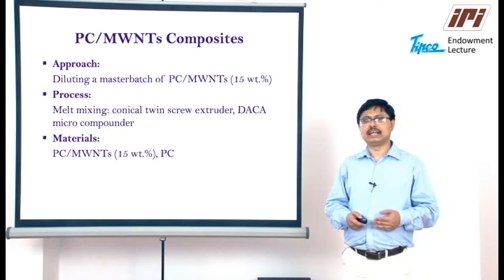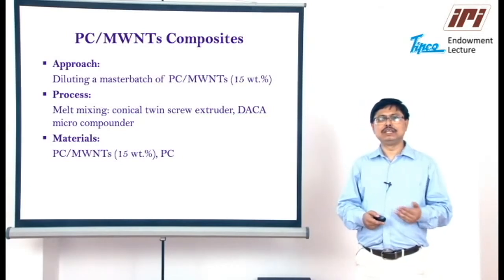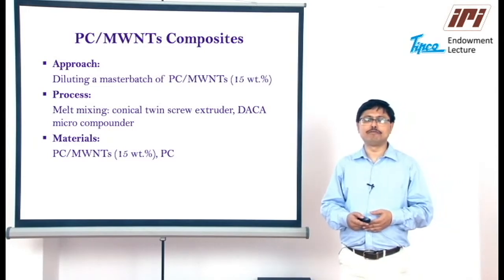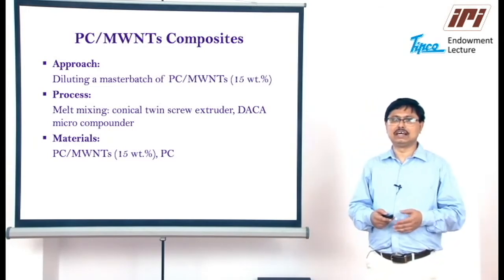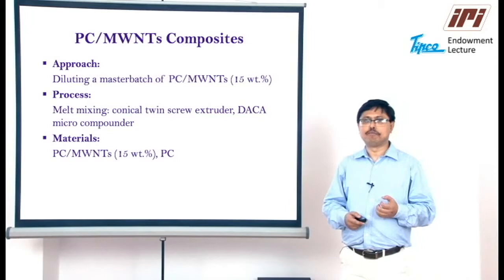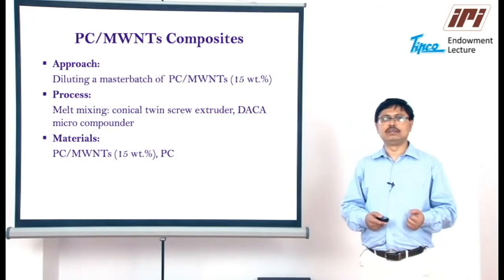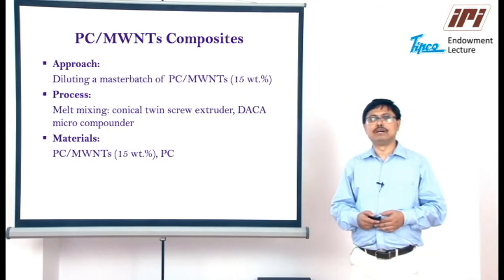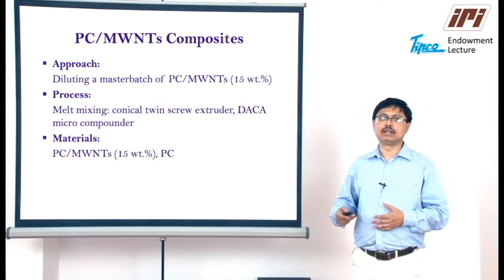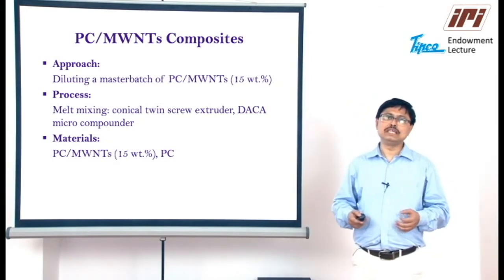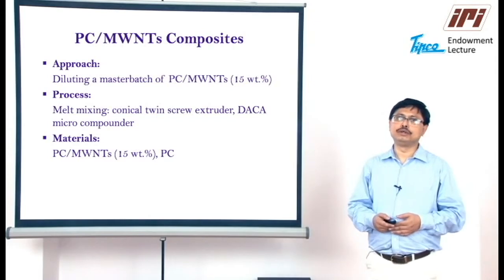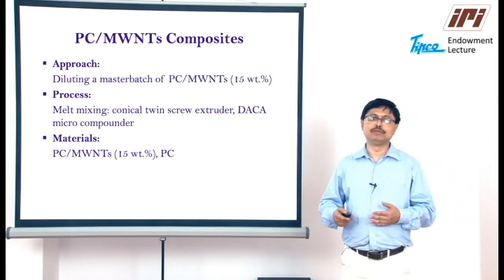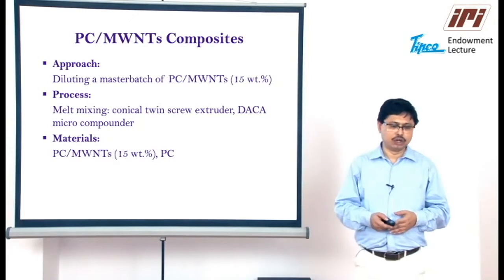The protocol followed is something like, in a small scale 4.5 cc microcompounder, which was the DACA microcompounder, the pure polymer, here in this particular case polycarbonate, as well as the master batch of polycarbonate multi-wall carbon nanotube composites are mixed in such a ratio that you could come up with 0.5%, 1%, 2% and subsequently 5% and so on.